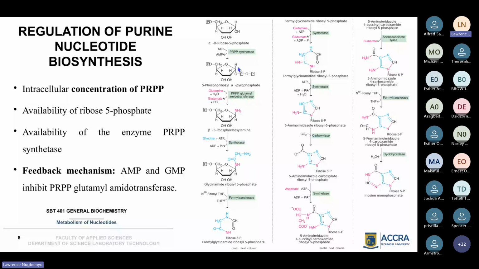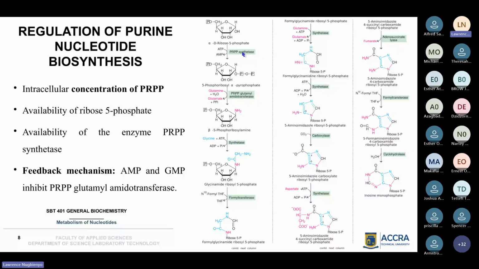First, the sugar, the ribose 5-phosphate. You need the enzyme, phosphoribosyl pyrophosphate synthetase, that will transfer the two phosphate groups from ATP, which means you need ATP. So these three things are needed for the reaction to get initiated.